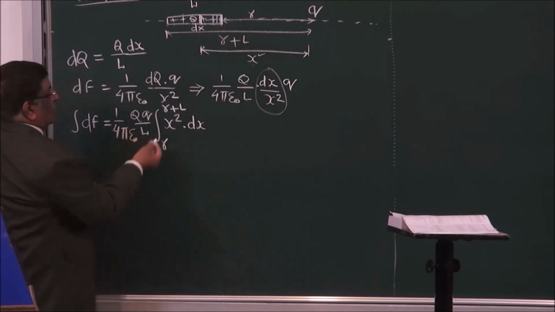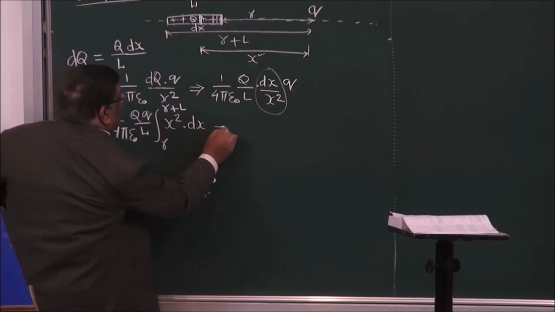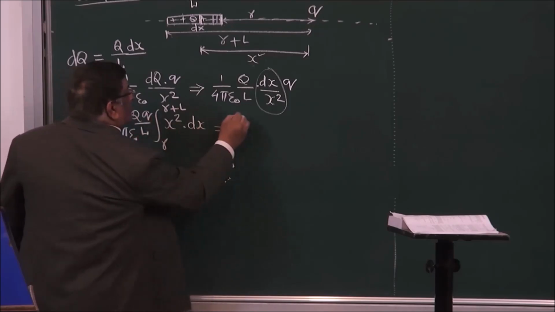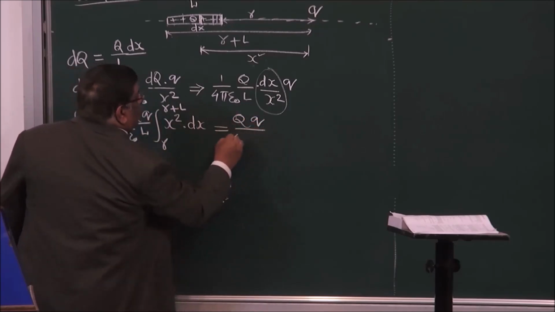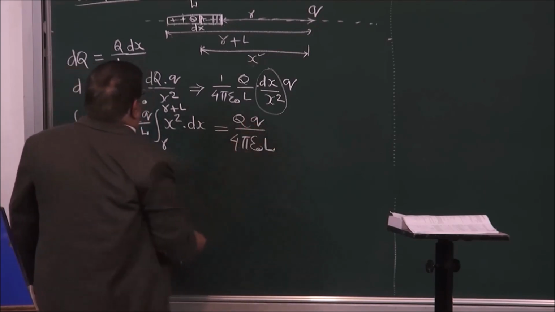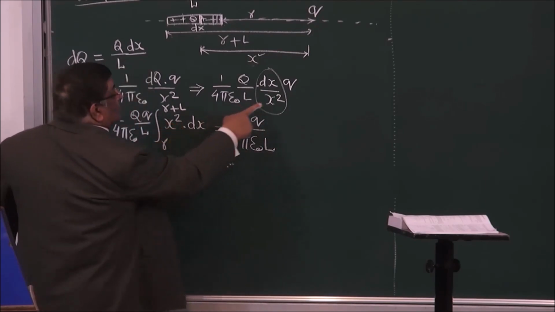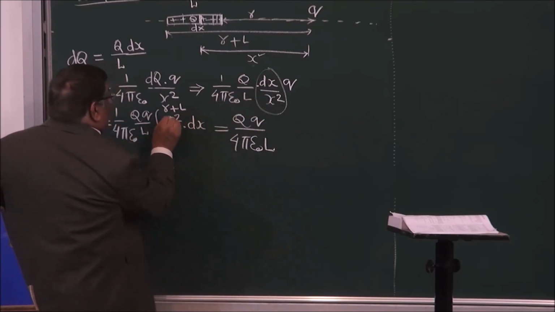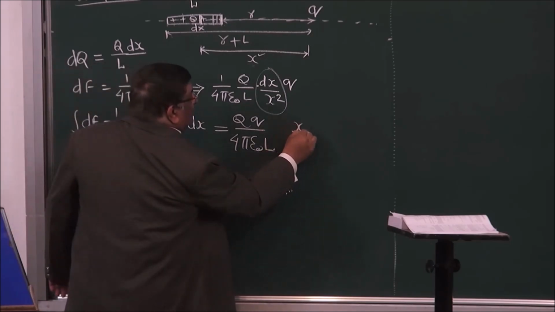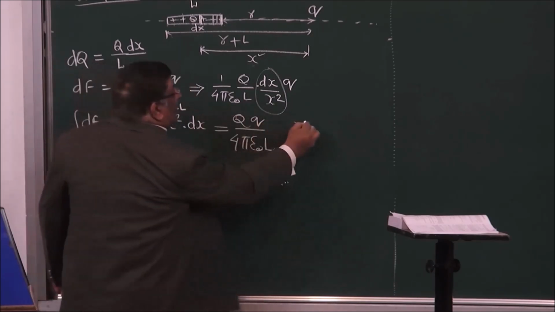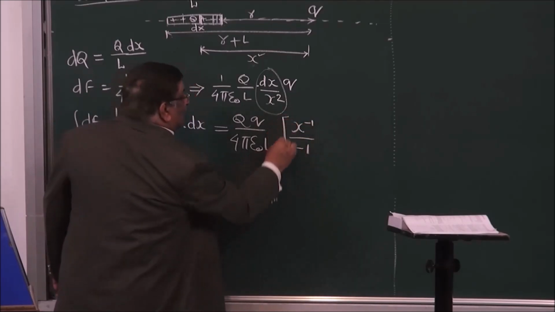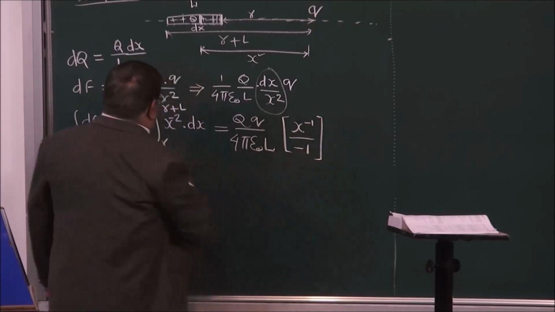Okay, now let's go for this integration, and you know it. This is equal to Q upon 4 pi epsilon naught L, into x to the power minus 2. Now when we integrate it, this will become x to the power minus 2 plus 1, that is minus 1, divided by minus 1. Integration is done. And what are the limits for this?